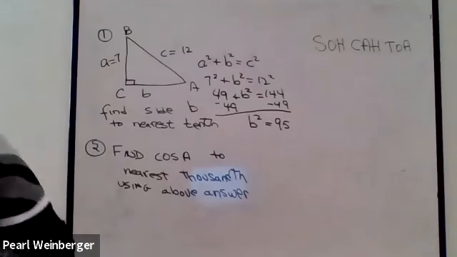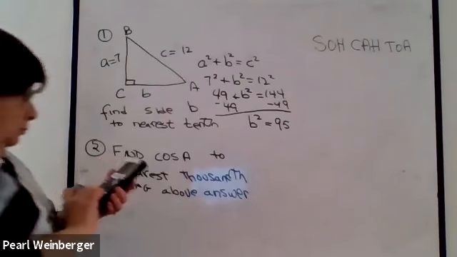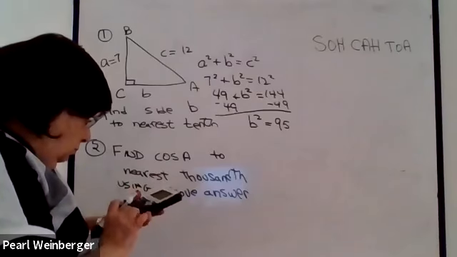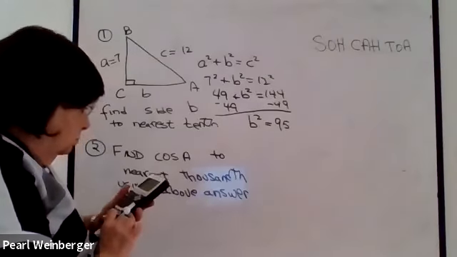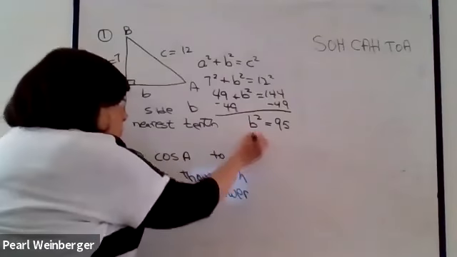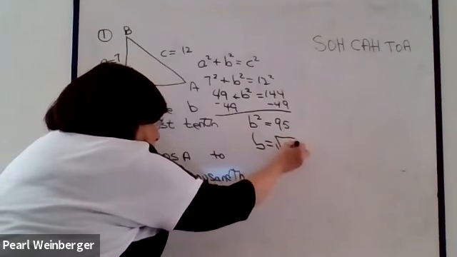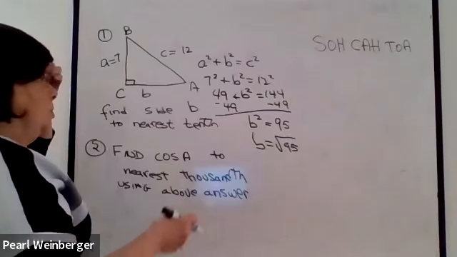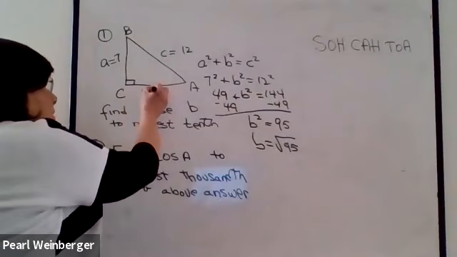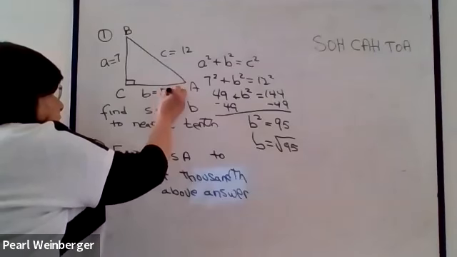And therefore, b will be the square root of 95. If we're asked for the answer in radical form, my answer would be the square root of 95.